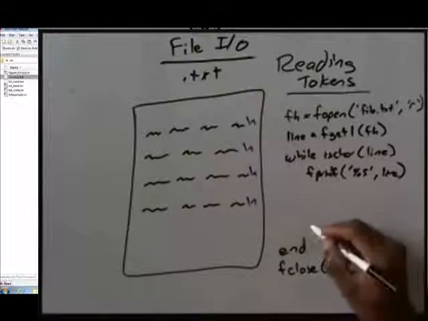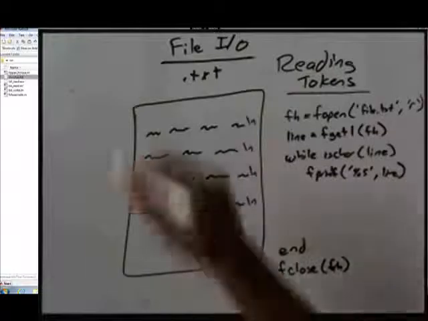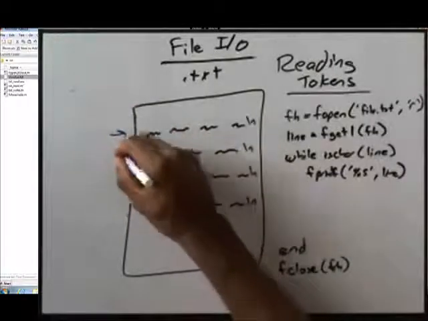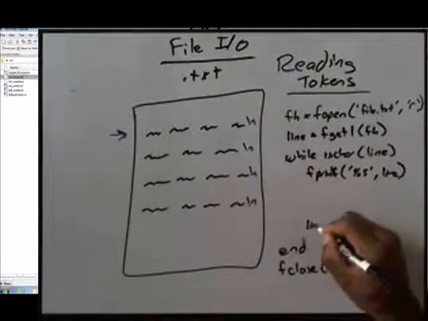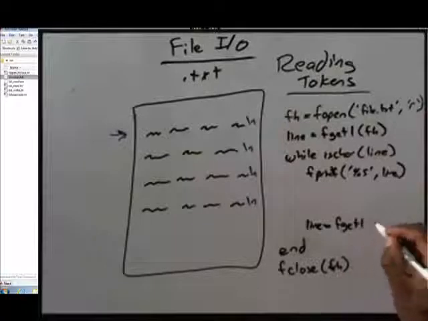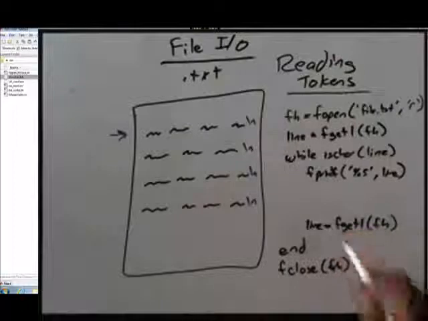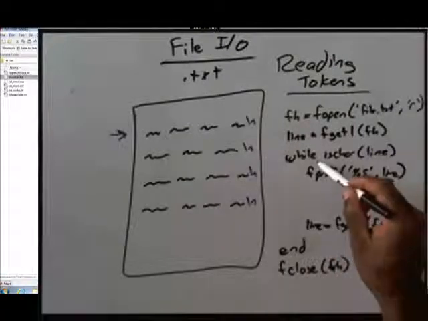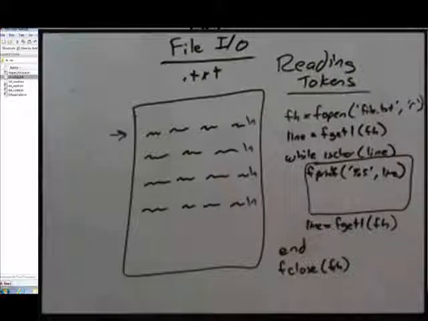That was the work we did, and then to increment down the file, to move our pointer down the file, we used, once again, line equals fgetl on the file handle. This part's going to remain the same. The only part that's going to be different is the work that we do in here, because now we're not just printing out a line. Now we have to go down each line and get the tokens in that line.